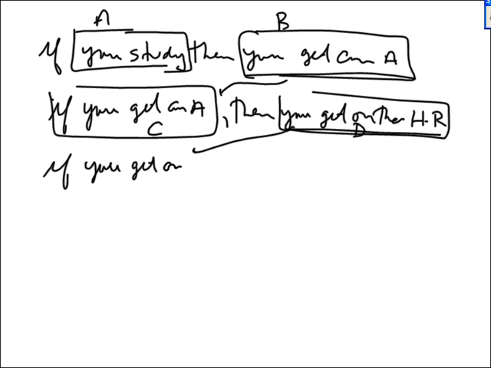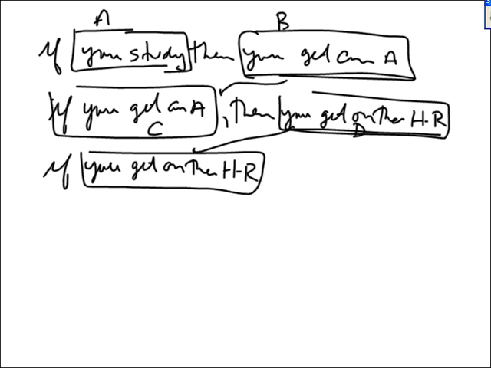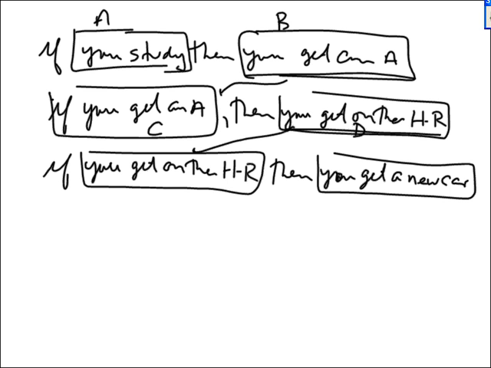If you get on the honor roll, then your parents get you a new car. This is E and statement F.